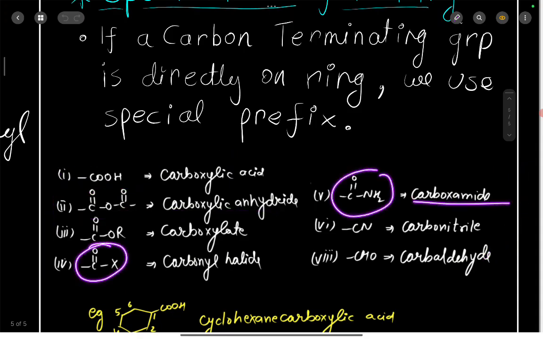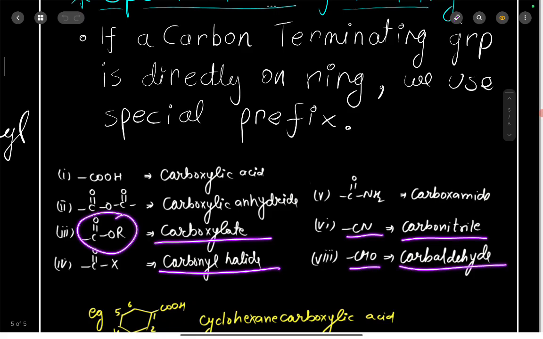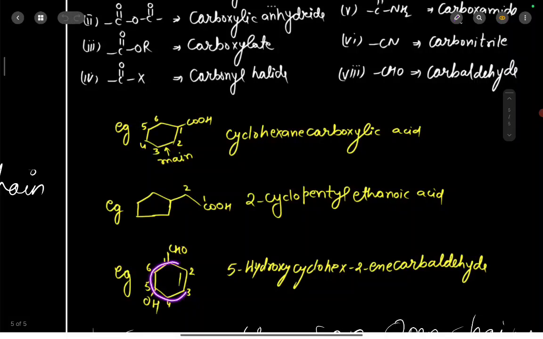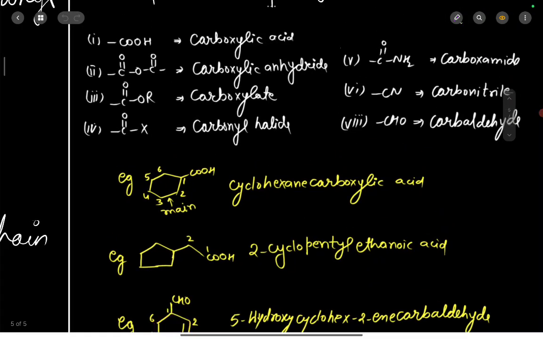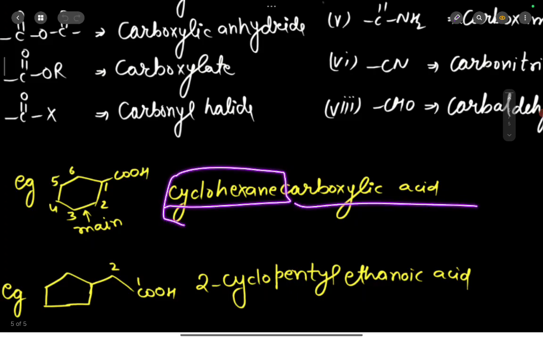For COX, like acid halide, it's carbonyl halide. For ester, it's carboxylate. For CN, it's carbonitrile, and for CHO, it's carbaldehyde. What am I saying? Look at this. If it's like this, we don't count this in the main chain. We treat it like a substituent while naming it, like cyclohexane carboxylic acid.